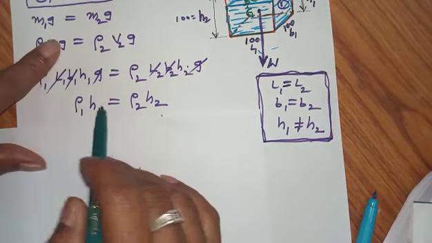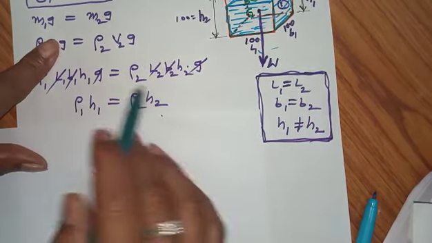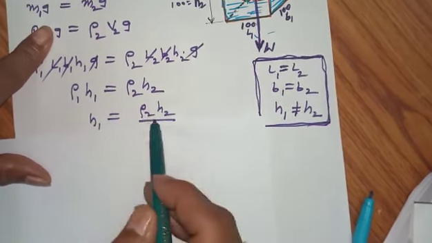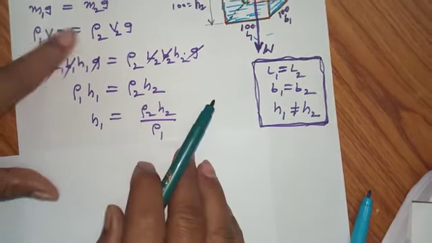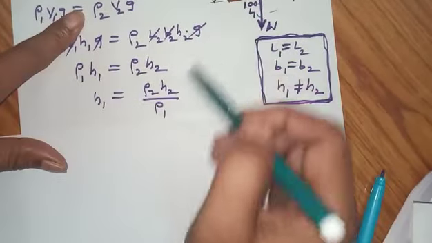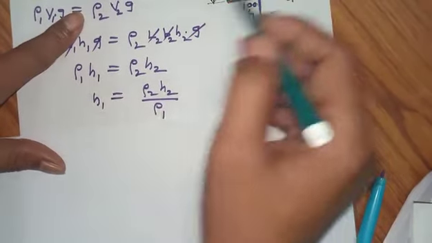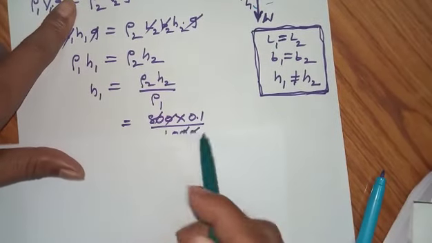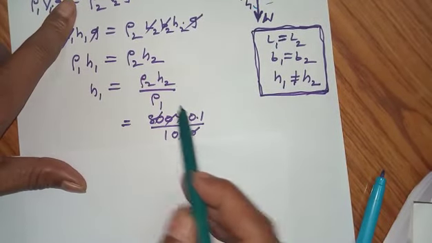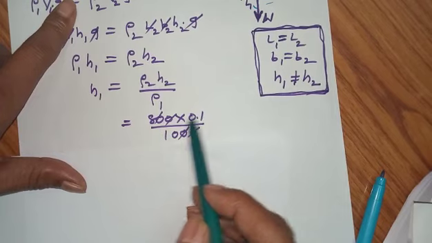So shifting rho 1 to the other side, H1 is equivalent to rho 2 H2 by rho 1. Then substitute the values of density and the given H2 value. H2 is 100 mm, converting into meters, H2 is 0.1 meter.